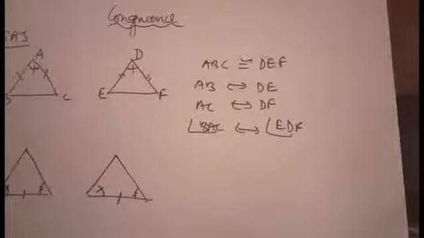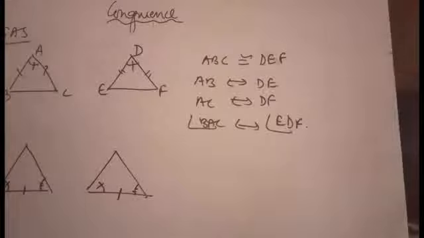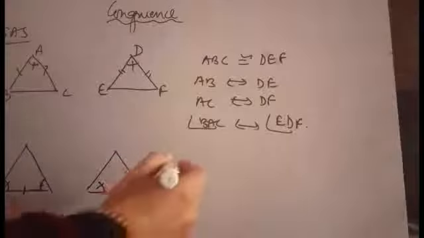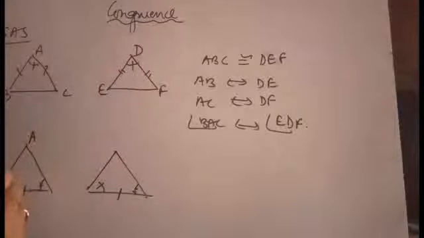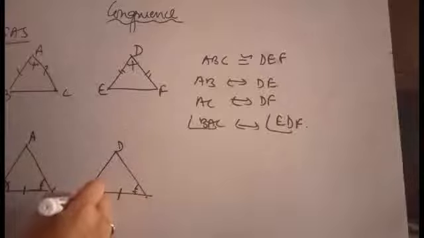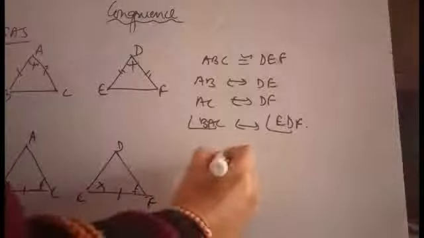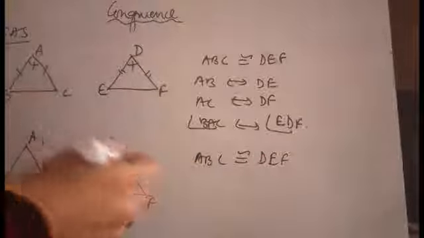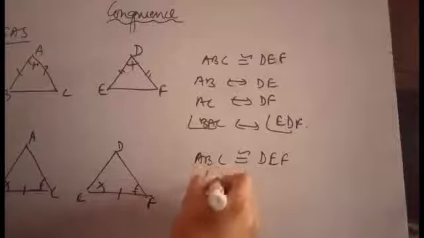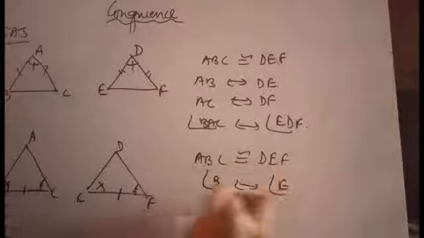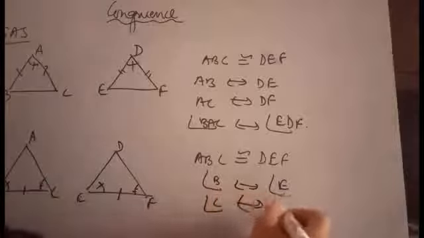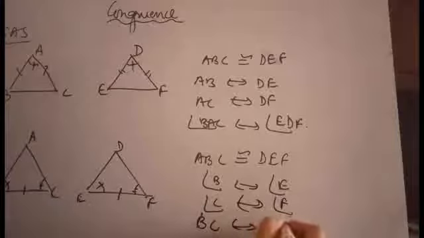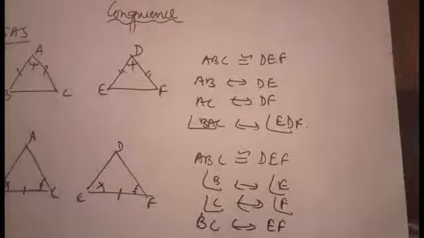So we write ABC is congruent to DEF, and again writing the corresponding parts. Angle B corresponds to angle E, angle C corresponds to angle F, and side BC corresponds to side EF. The triangles are congruent, right?